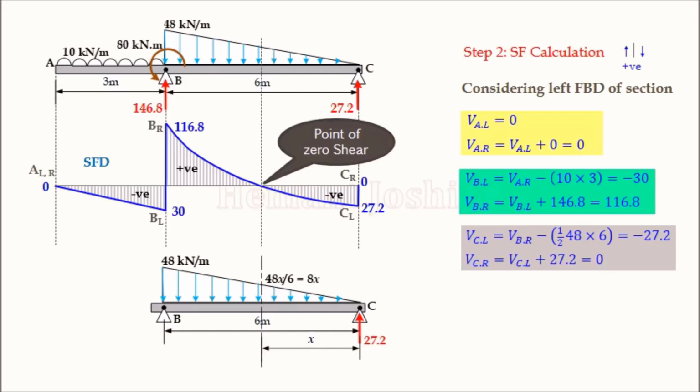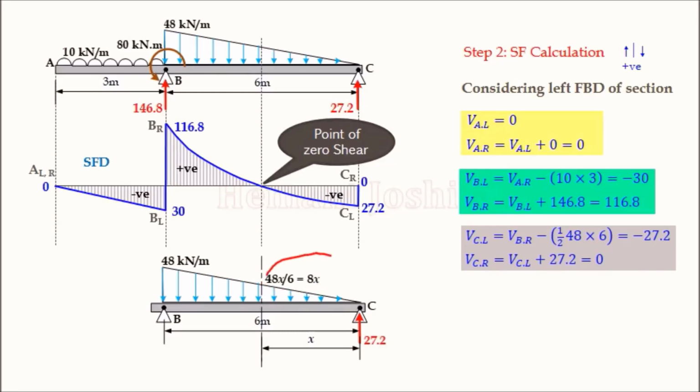Now we will write the bending moment equation for that right FBD. But first of all, I have to find the height of the triangle at this particular section, because I have to consider only the right FBD. By using similar triangles, I get that distance equal to 8 times X. So the intensity of the triangle at the section line is 8X.